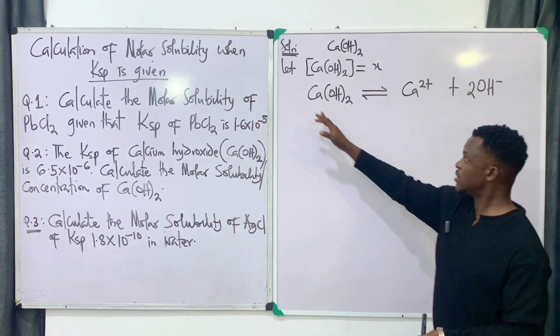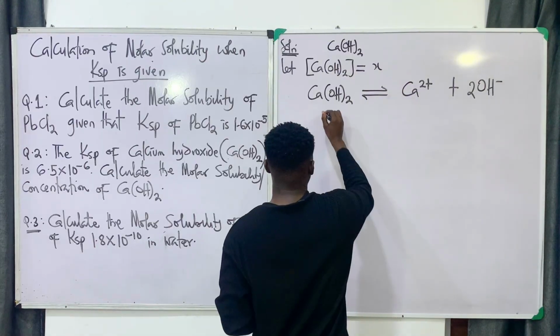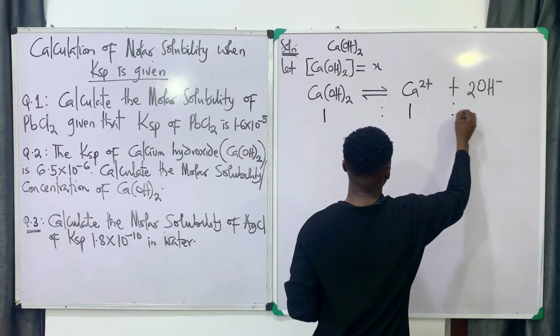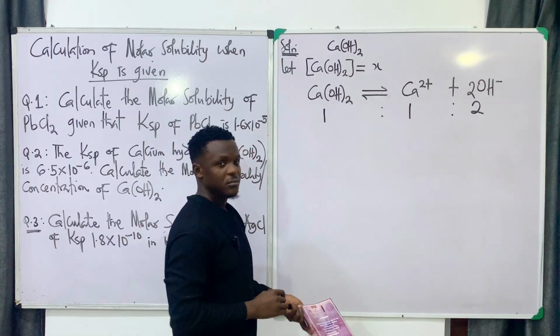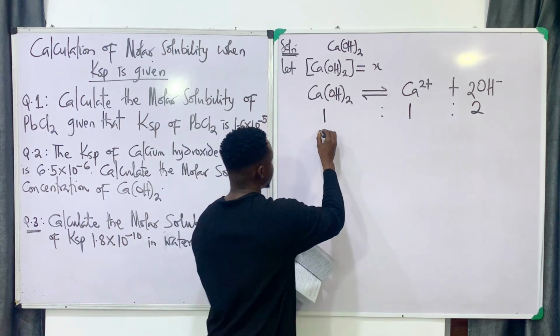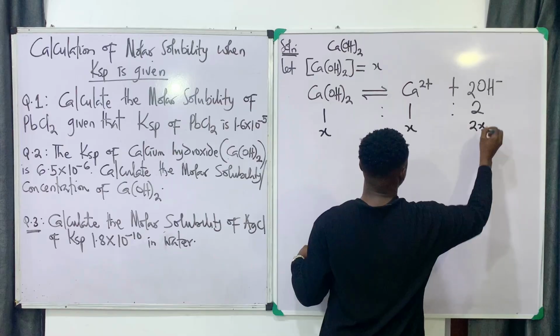So using mole ratio, this is 1, and this is 2. So this becomes 1 is to 1 is to 2. Do you understand? So if here is x, here will also be x, and here will be 2x.